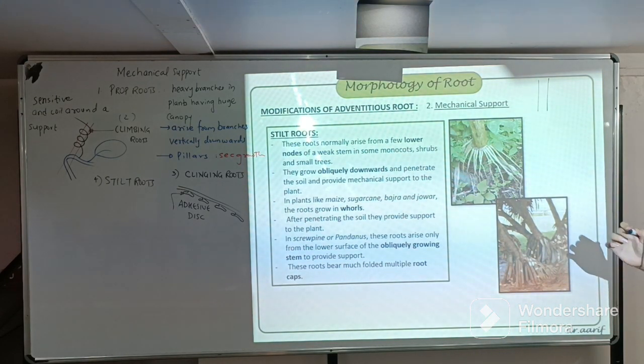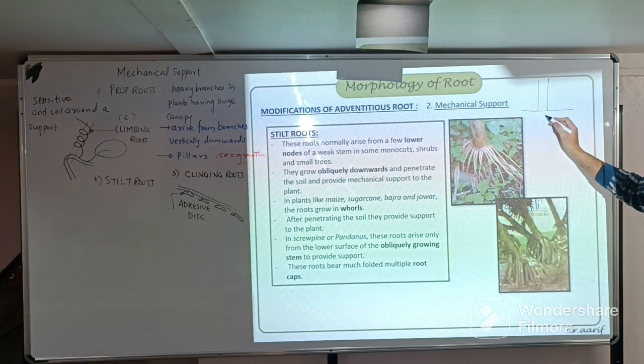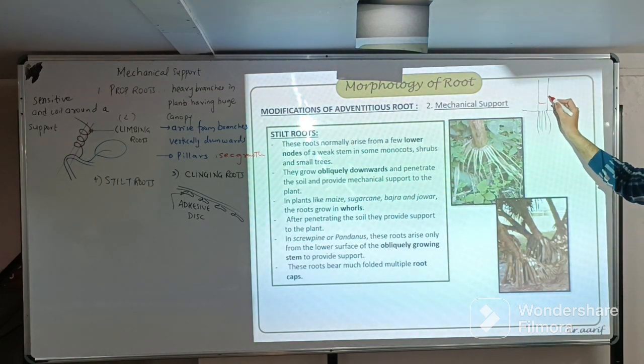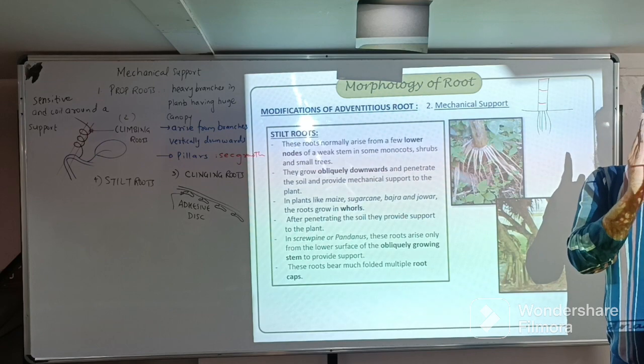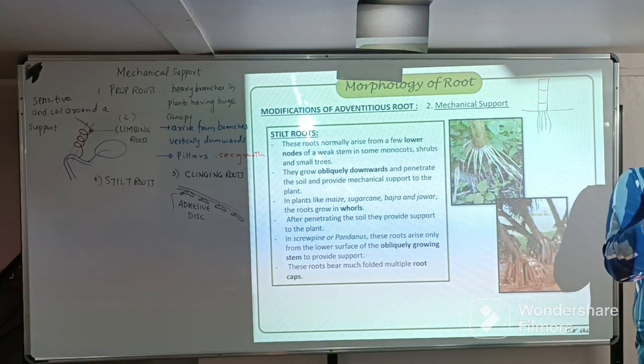Can you see that main stem? Yes. This main stem has a fibrous root system. Which root system? Fibrous root system, like in the case of a sugarcane plant. Now here, as the stem goes vertically upwards, it gains a lot of weight.